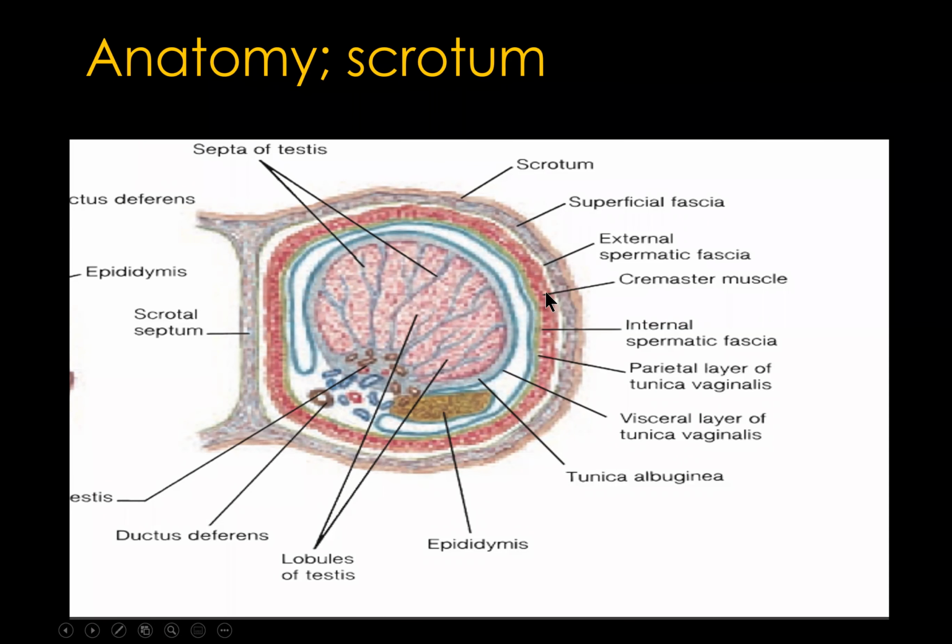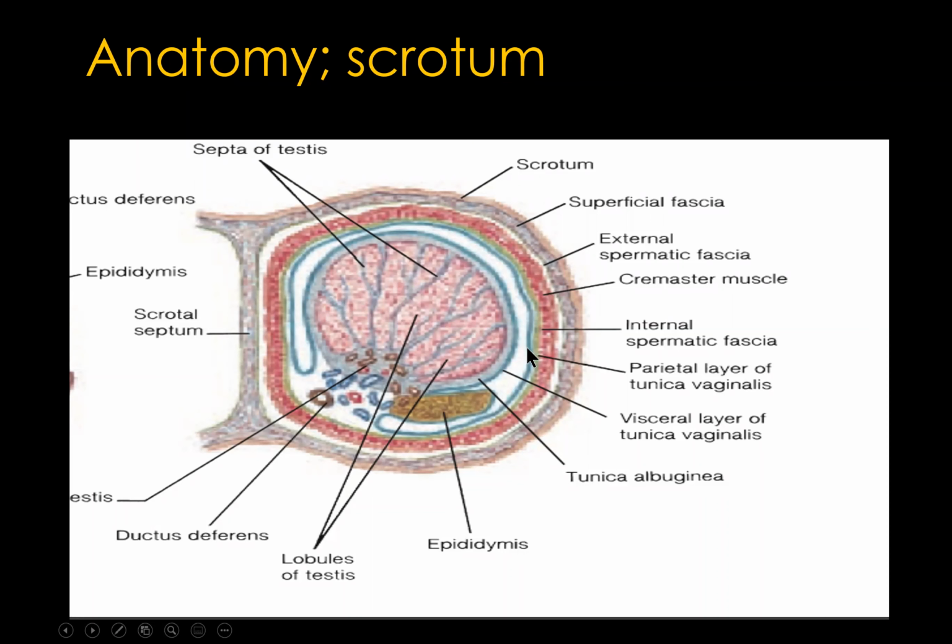Then next, in this red color, is the spermatic fascia, and it is derived from three layers of the anterior abdominal wall: the external spermatic fascia, which is outer, the cremasteric fascia, and the internal spermatic fascia.